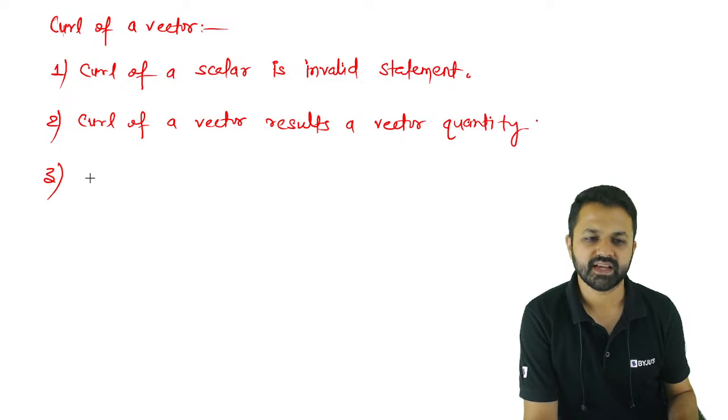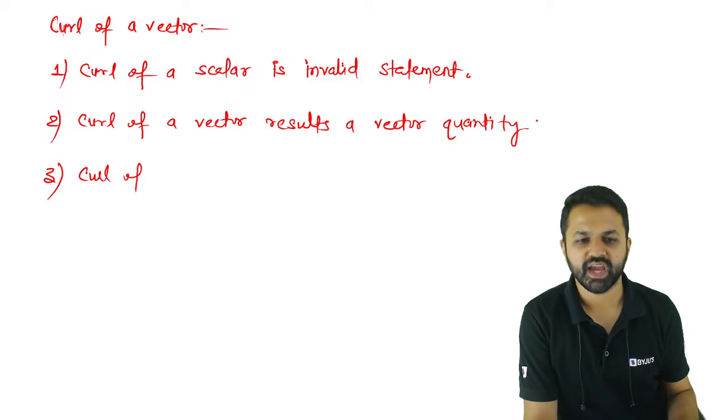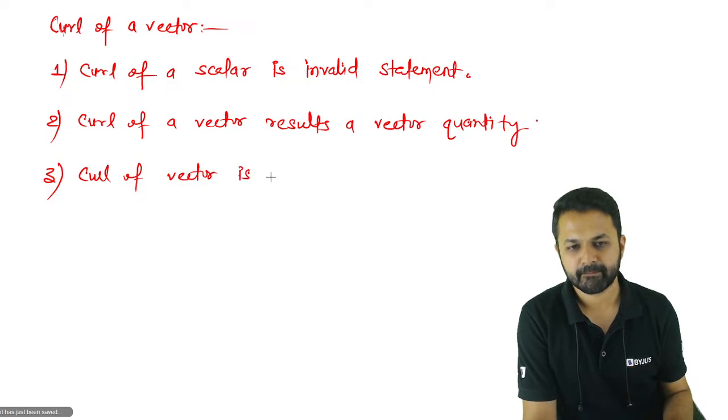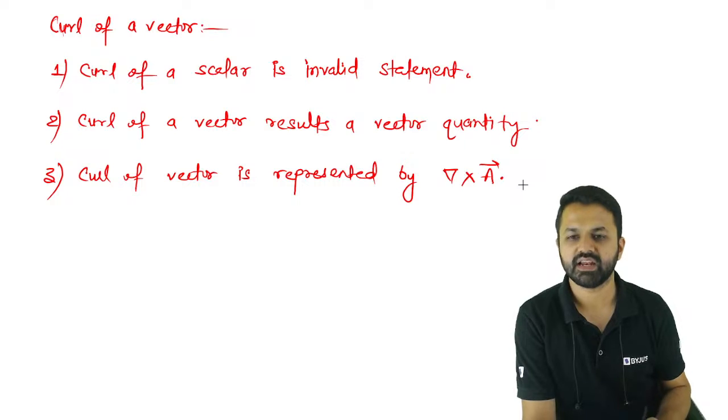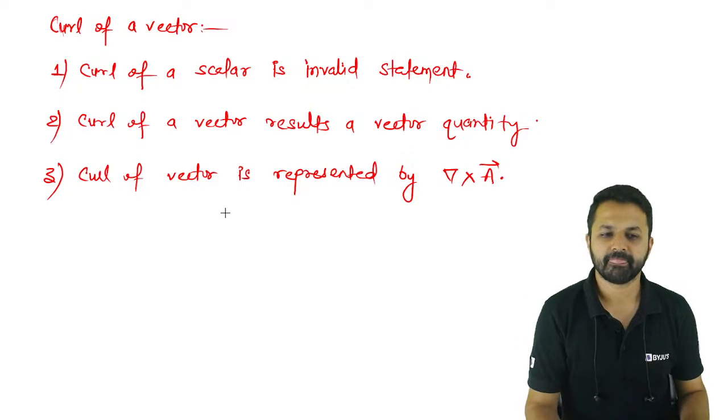The third thing is that the curl of a vector is represented by del cross the vector A. So these are the 3 points.